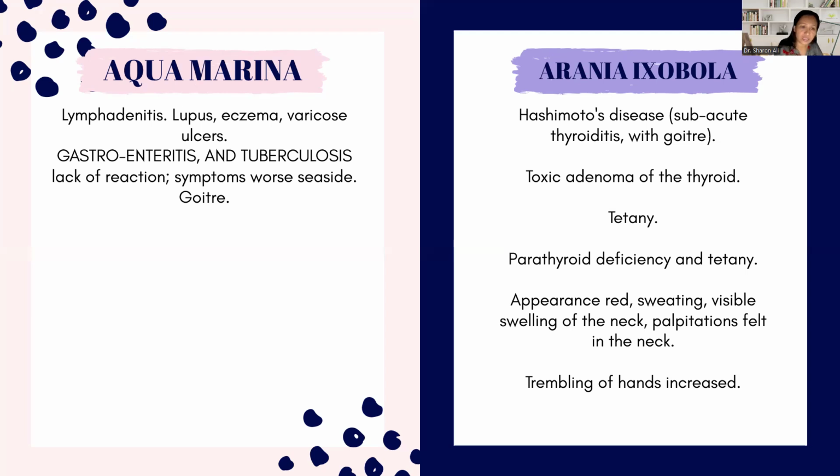It also has a bit of natrum mur in it. It also has a bit of phosphorus in it. And if you learn the remedy well, it is a very good remedy. But for us to remember it, the most important thing you must know is that here the patient is worse at the seaside and the patient will have lymphadenitis. Okay, they will have mesenteric lymph nodes enlarged along with goiter.